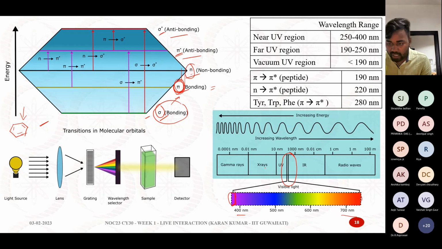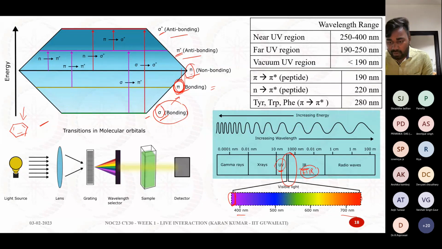Below it is UV, and after the red region you find the infrared region. FTIR spectroscopy is for infrared, and UV-visible spectroscopy is for the UV-visible region, and also for fluorescence. So what is the impact of these different energy regions of the electromagnetic spectrum?